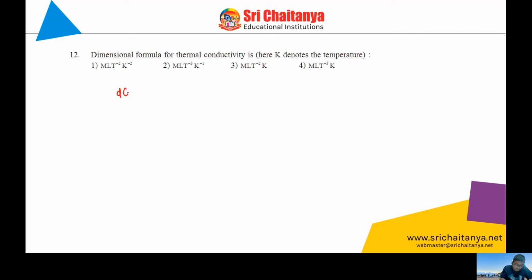For example, the conduction current, let's say dQ by dt, will be equal to A, which is the cross-sectional area of the conductor, into K, that is thermal conductivity, into the temperature gradient dT by dx. So when you rearrange, K would be dQ by dt upon A upon dT by dx.